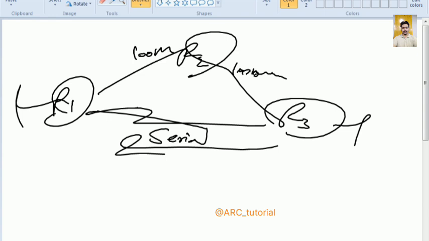Like in our parliament, if they are going to make any rule, first of all they have to introduce a draft. Then they will discuss on that draft inside the parliament, and then finally it will become a rule, or it will take place. So right now we are having only and only draft RFC.